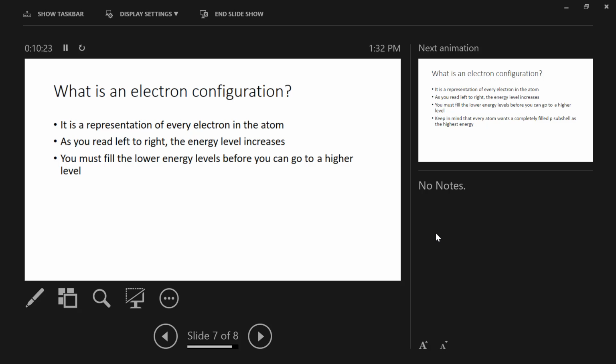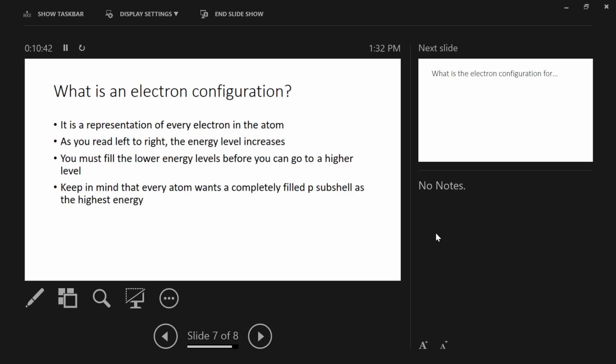Which makes sense, because we have to find a place for 33 electrons to reside. If each orbital can only hold 2 electrons, we need 17 orbitals to contain 33, right? And we have to fill them up lowest energy first. Keep in mind that every atom wants a completely filled p subshell as the highest energy. That's when atoms are most stable.